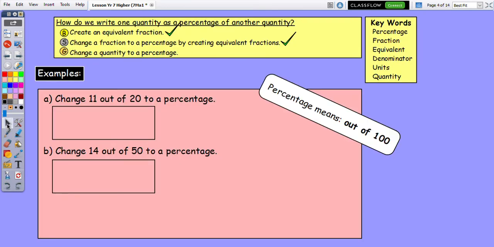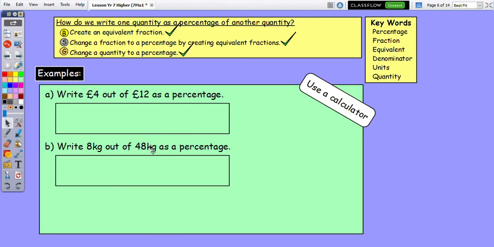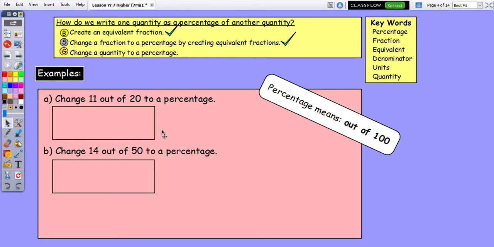Excellent. Okay, so we're going to start off with some quite easy problems. We're then going to move on to some interesting problems, and we're going to get into using calculators towards the end of this. So if we start off, change 11 out of 20 to a percentage. We've gone through percentages before. Just as a reminder, percentage means out of 100.